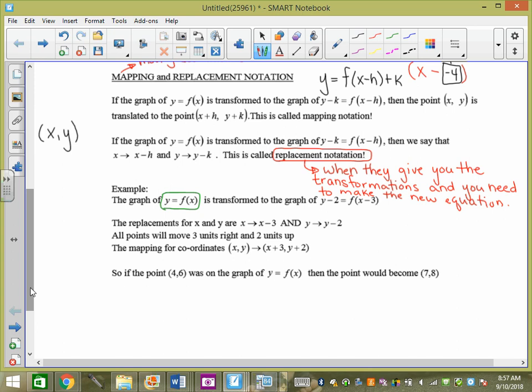We agree? But now they might give you a function like this. We agree? Is there any equation that represents that? Can I type anything into my calculator and poof, it'll pop that up?